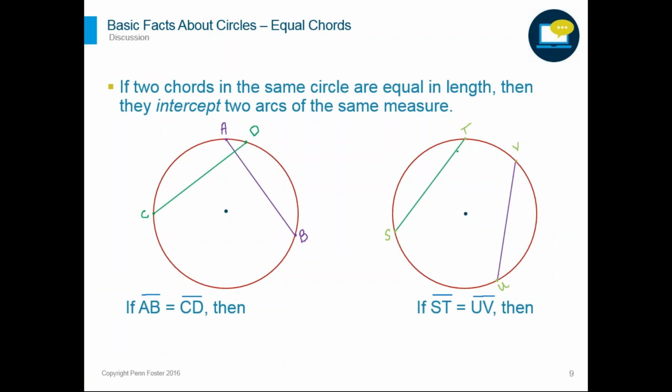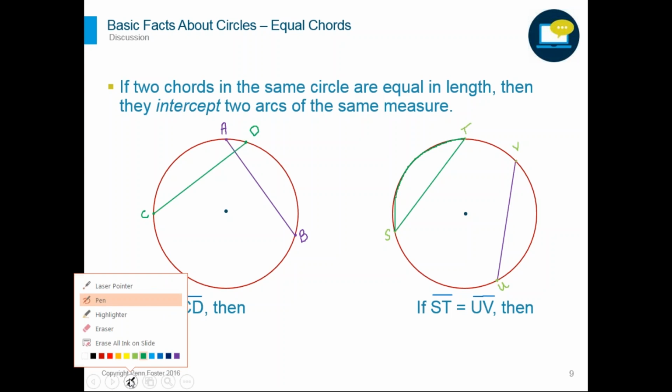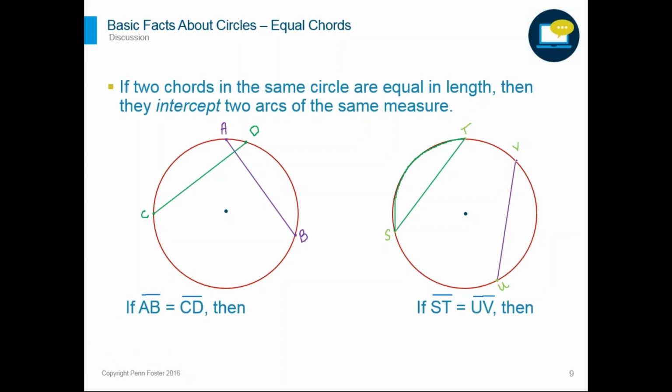This chord in this circle cuts out this arc, and this chord also cuts out this arc. The rule says if the chords are equal, then those arcs are equal in measure.